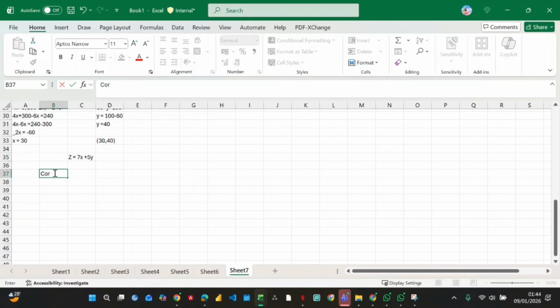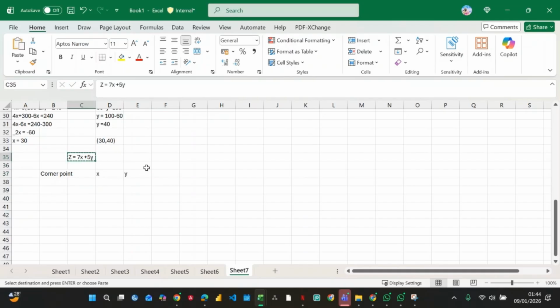Let me do a kind of summary to give you more clarity. We now have this corner point, we have x, we have y, then we have the objective function, which is this.